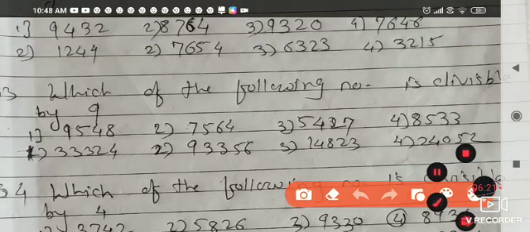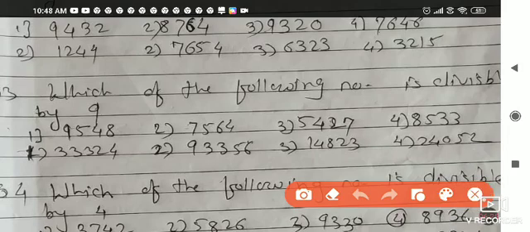Now the next question is, which of the following numbers is divisible by 9? I told you the test of 9: we have to do the sum of digits and check whether it is present in the 9's table or not. So 9 plus 5 is 14, 14 plus 4 is 18, and 18 plus 8 is 26.